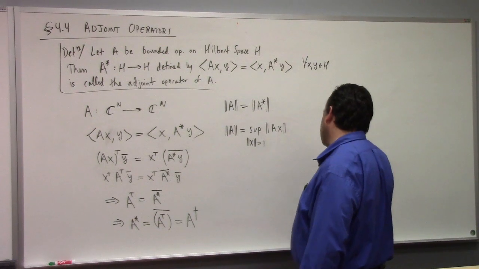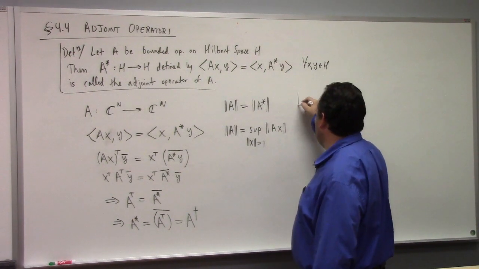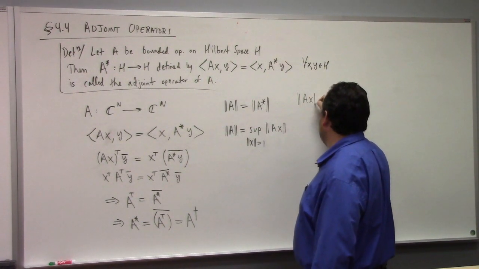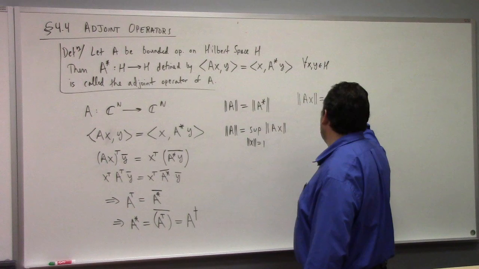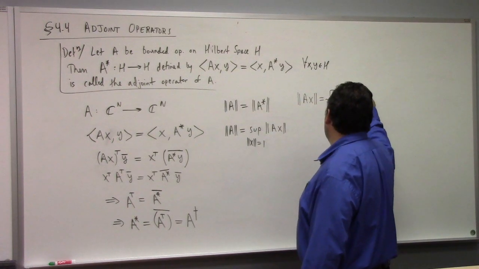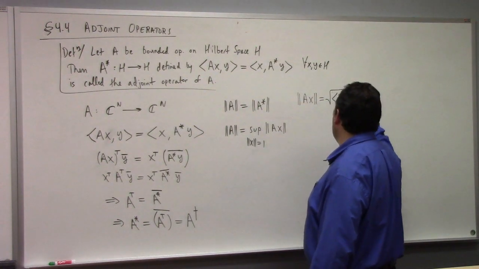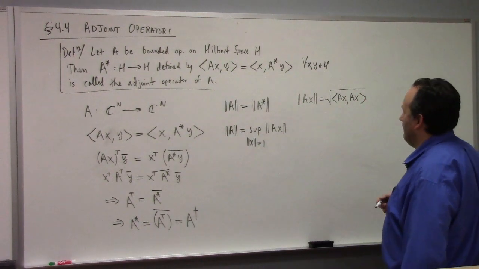But the thing is that the norm of Ax is the square root of the inner product of Ax with Ax, right?